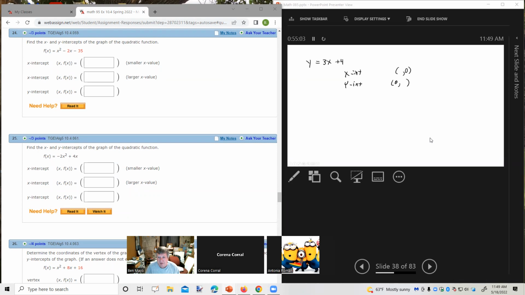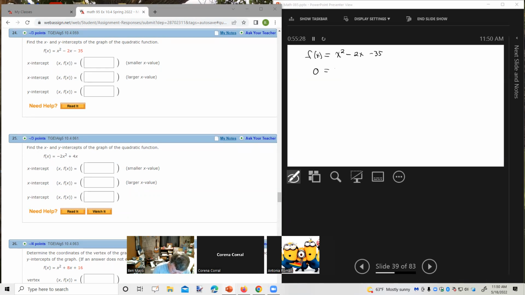All right. We're going to do the same thing, but now with a second degree equation. So take a look at problem 24. F of x equals x squared minus 2x minus 35. To find the X-intercepts, I would set y equal to 0, right? And y is basically f of x.